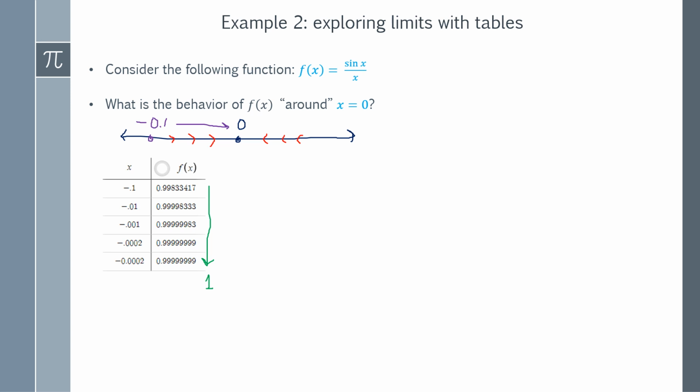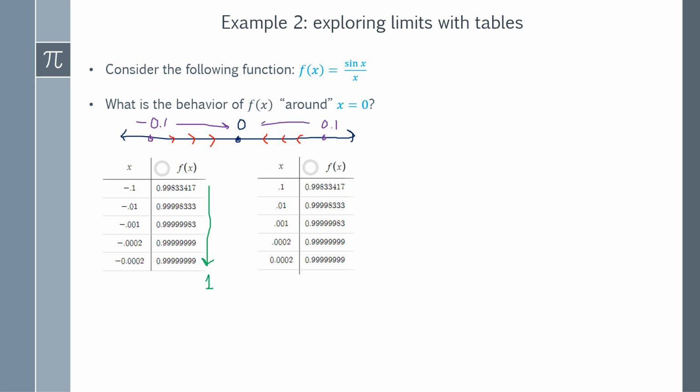Now what happens to this function as we approach 0 from the right side? Here is a similar table, except now our values are positive. So we also start at 0.1, somewhere over here, and now we're decreasing the values as we are approaching 0 from the right side. What happens to our function?